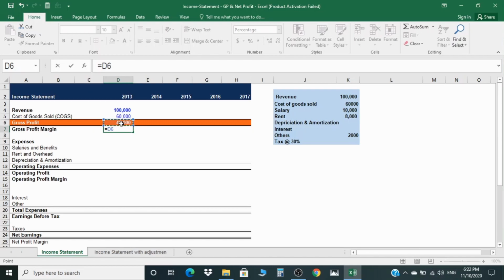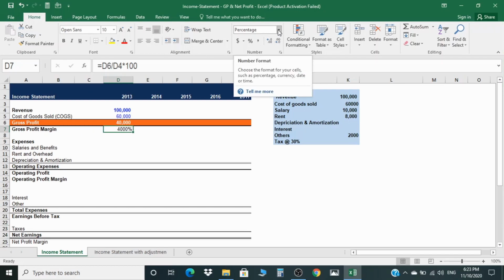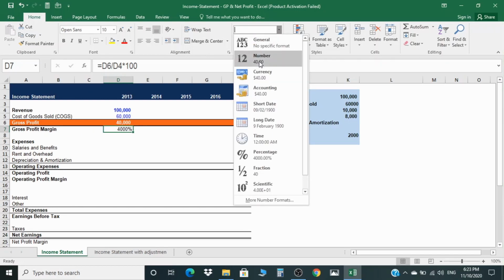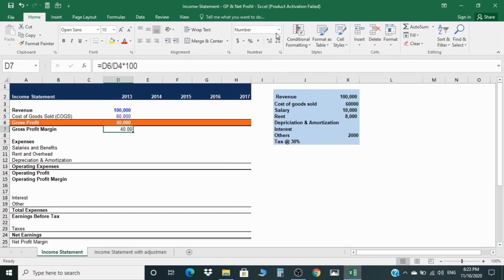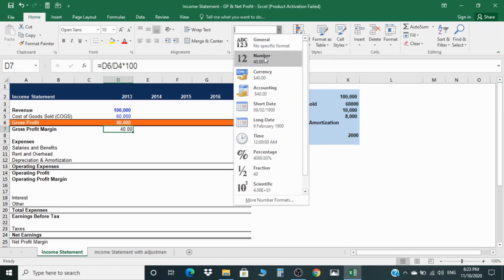So just put the numerator over there and the divide sign, revenue there, multiply sign, and just 100. Oh no, that's a problem here.